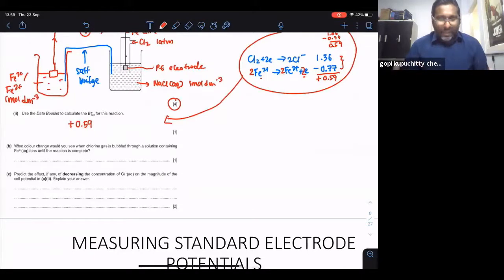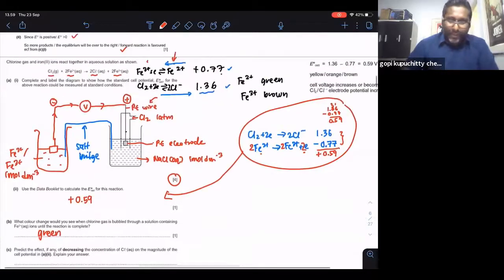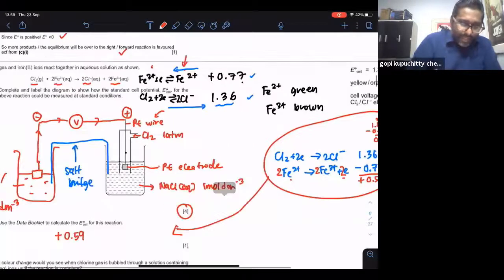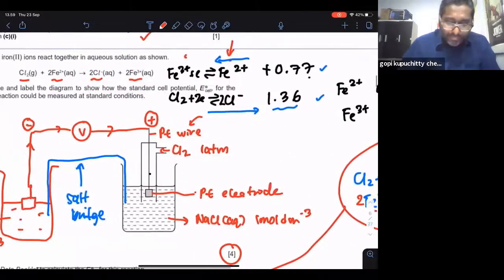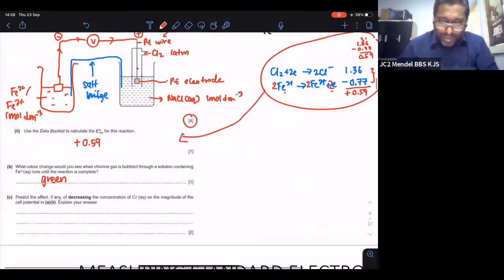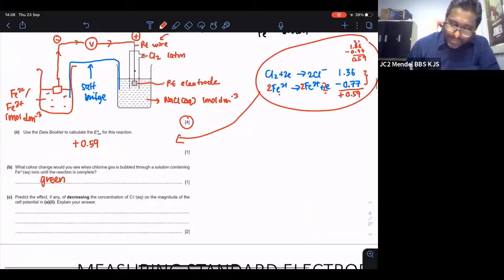Now next question. What color change would you see when chlorine gas is bubbled through a solution containing Fe2+? Do remember Fe2+ is green. We know that Fe2+ is changing into Fe3+, and you need to know the color change.